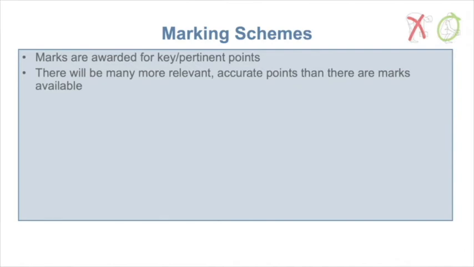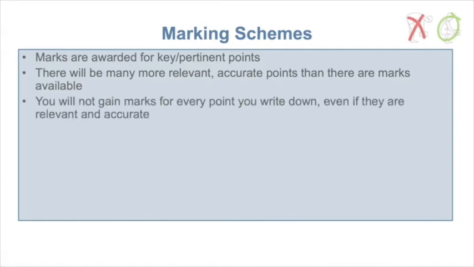And if you were clever enough to get all those 12 or 13 for a 10-mark question, unfortunately you still walk away with only 10 marks, because that's the maximum for the question. But the good news is that knowing there's likely to be more marks available than what they're asking for gives you a bit more scope and more of a chance of tuning into that senior examiner's way of thinking. So that's a good thing. So always go the extra mile. Easy for me to say, but absolutely important that you do in practice.